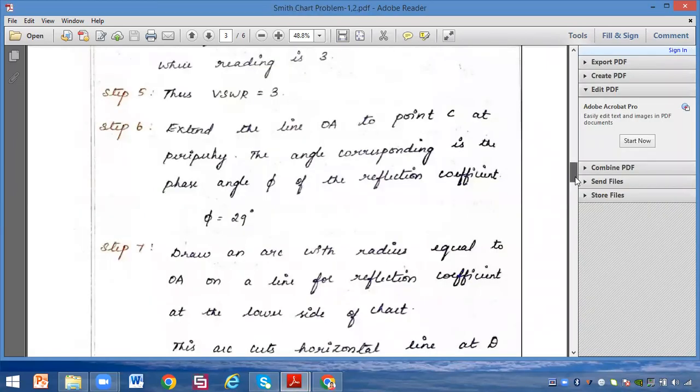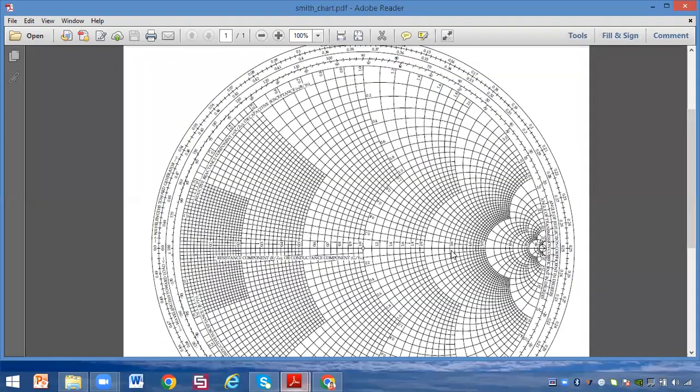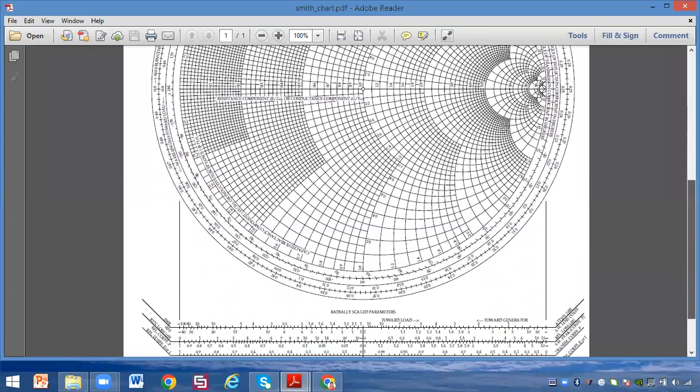Once you get the phase angle, you draw an arc with radius equal to OA on the line for reflection coefficient at the lower side of the chart. So this is the lower side of the chart. With the radius of OA, you draw an arc here.